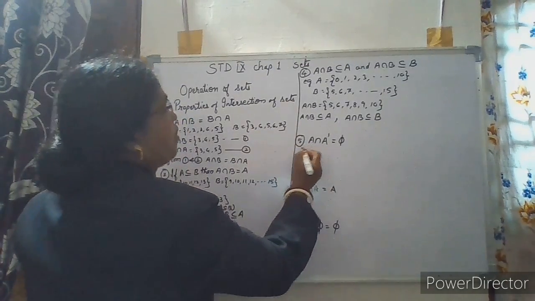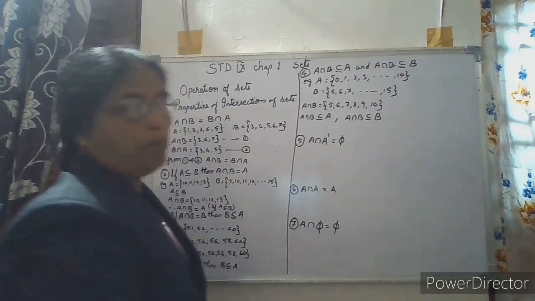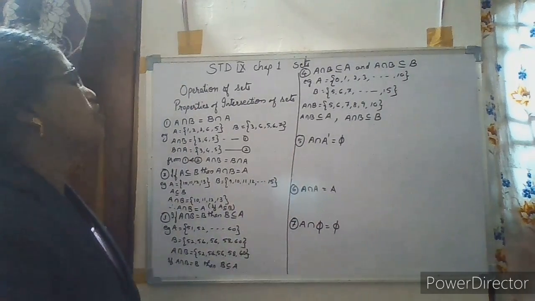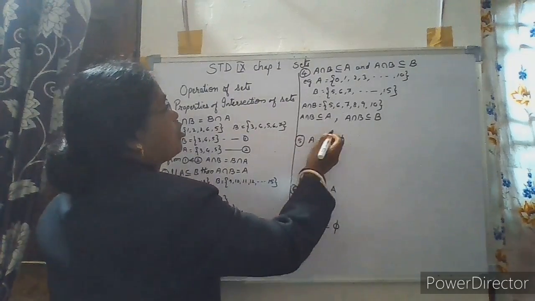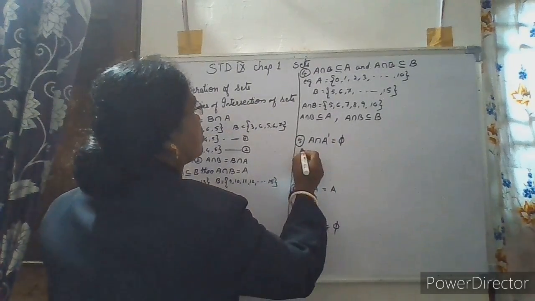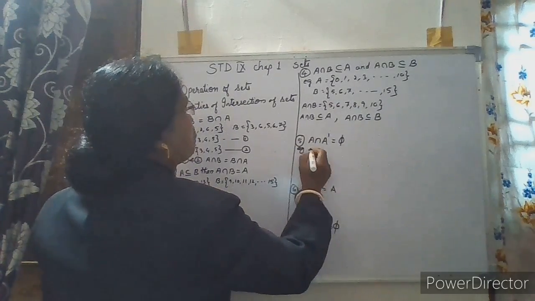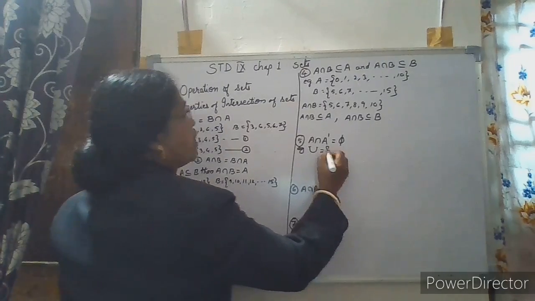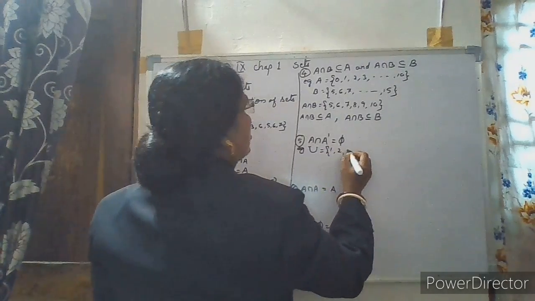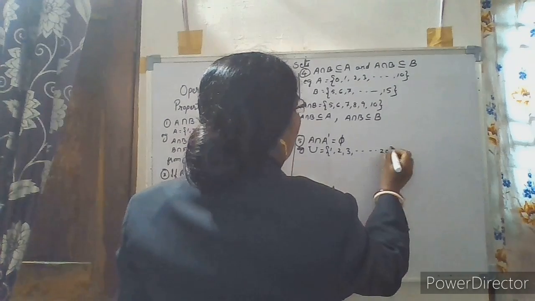Next, the fifth property: A intersection complement of A is always equal to a null set. How? When we talk about complement, the universal set comes first. For example, suppose I take the universal set as the numbers 1, 2, 3, 4 and so on up to 20.